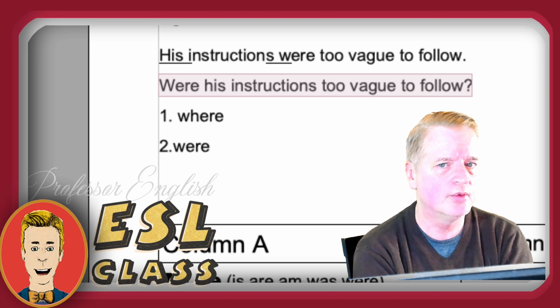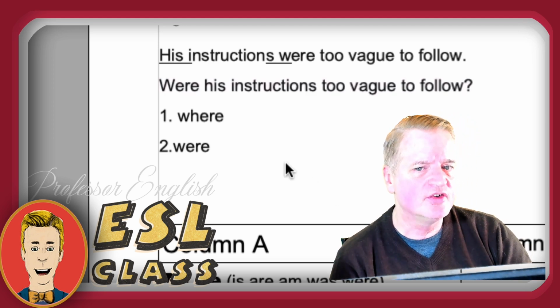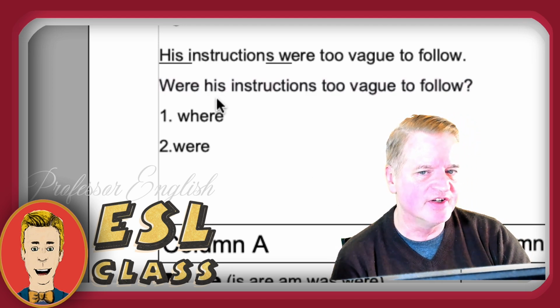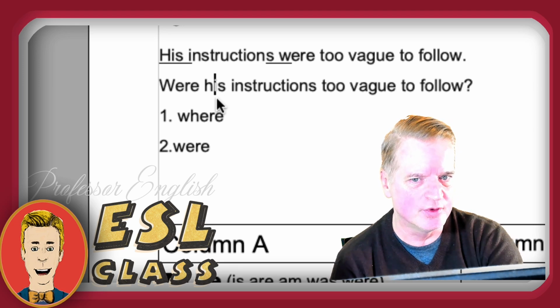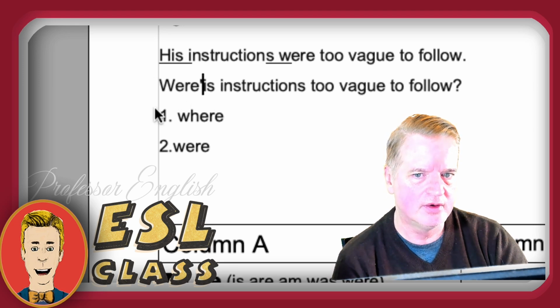Okay. Pachu, what happens when you make a question with were his? What happens to the word his? We can replace it with the articles, any articles. Oh, well, that's true. But I'm just saying phonetically, when you make the question, the word his will disappear into the word were. Were is.